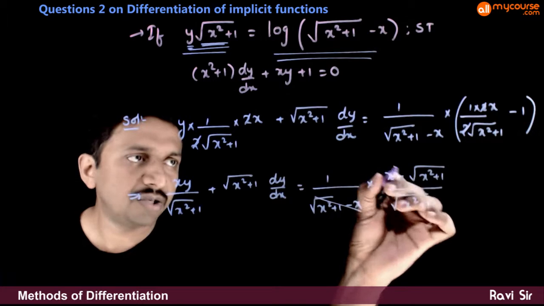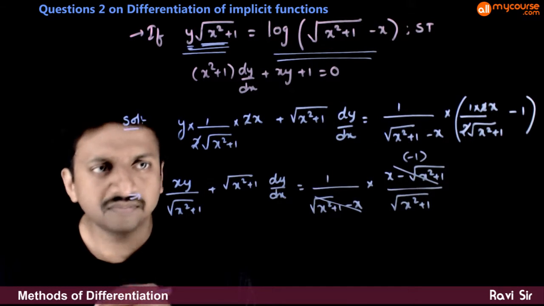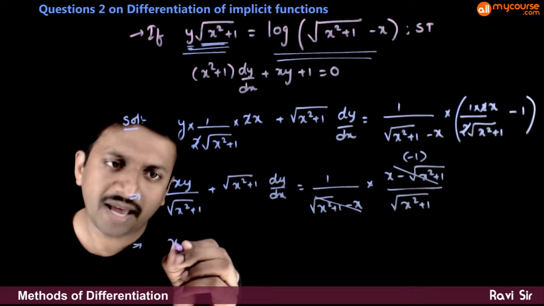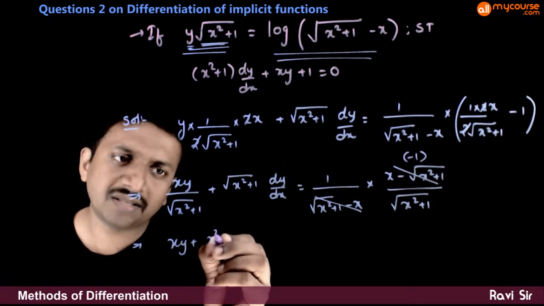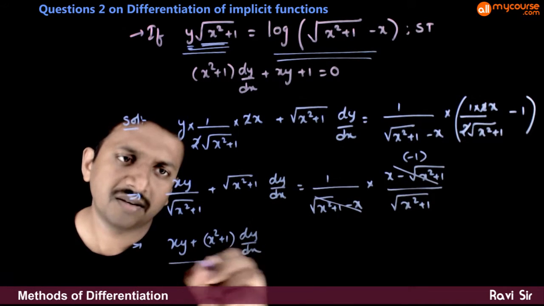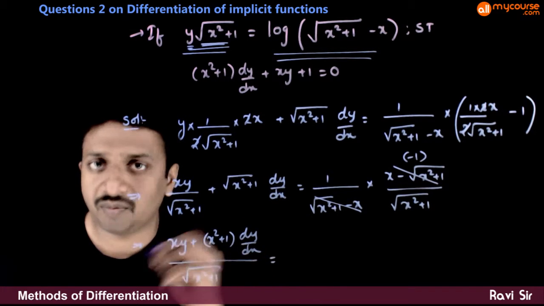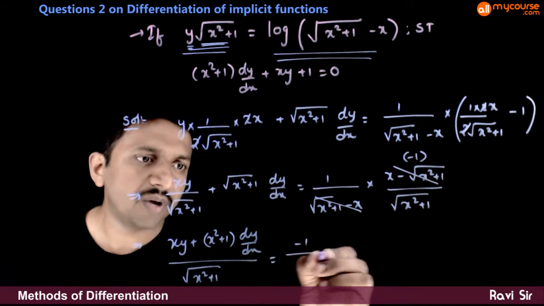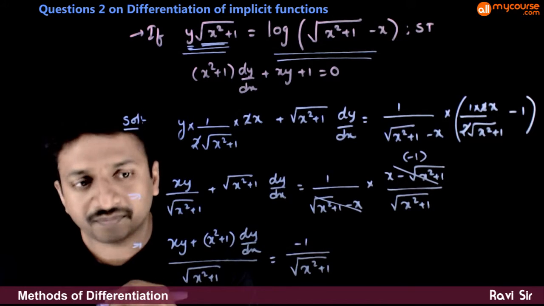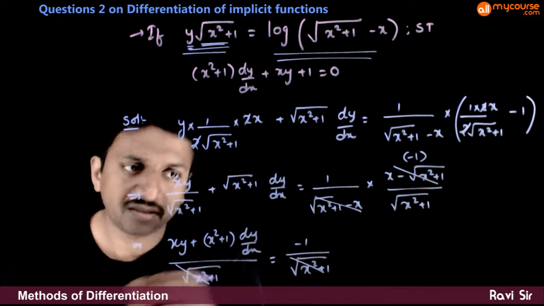If you cancel these two, you get a minus 1 which is left out. So if you take the LCM here, xy plus (x square plus 1) times dy by dx, whole divided by root of x square plus 1, is equal to minus 1 by root of x square plus 1. So root of x square plus 1 gets cancelled.